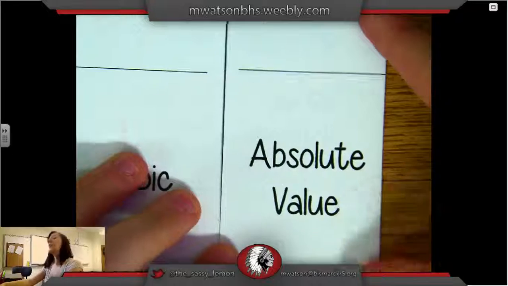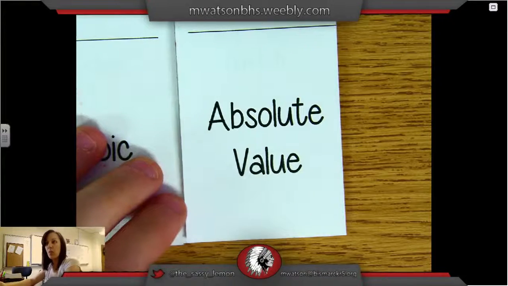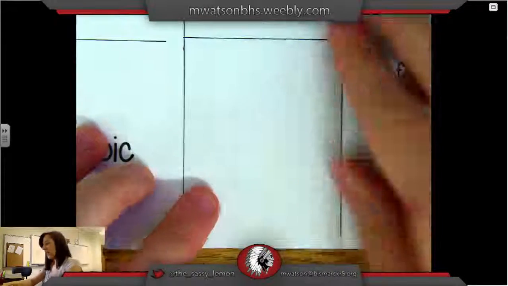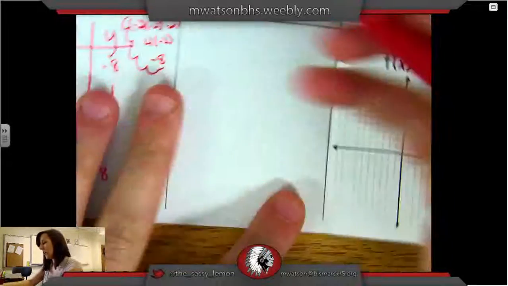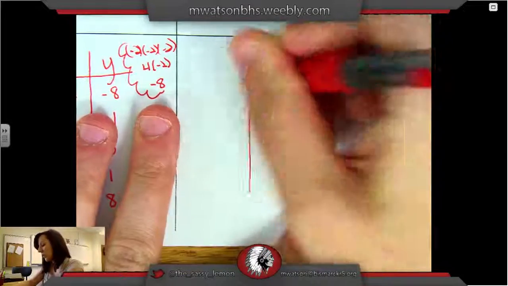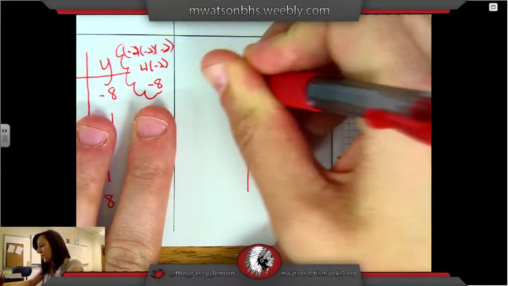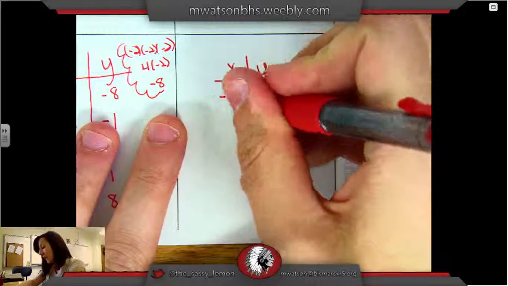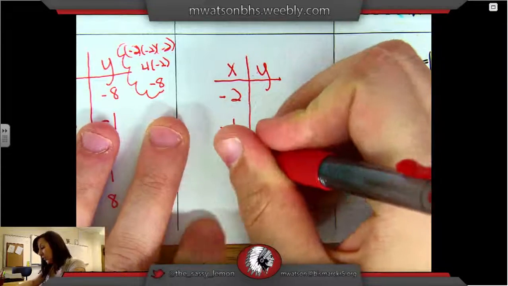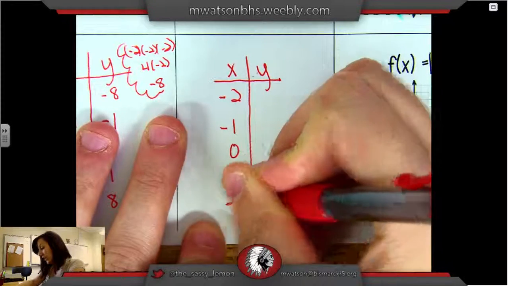Now we're on to our last one called absolute value. And you've probably seen some graphs somewhere that looks like this before. But let's go ahead and create our table of values before we talk about the graph. So x and y, we're going to use the same 5 values, -2, -1, 0, 1, and 2.